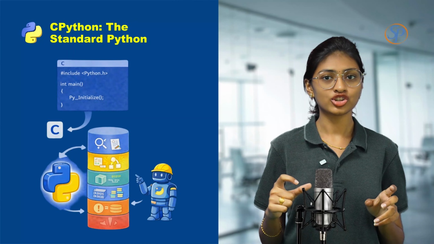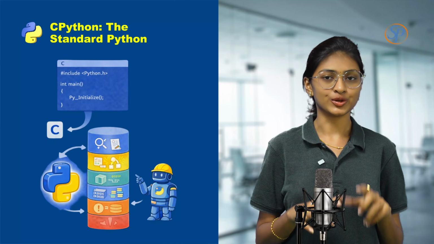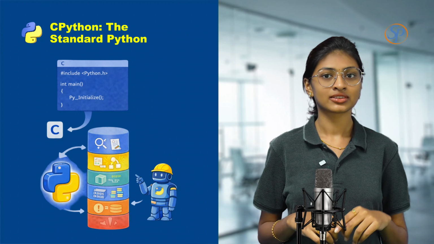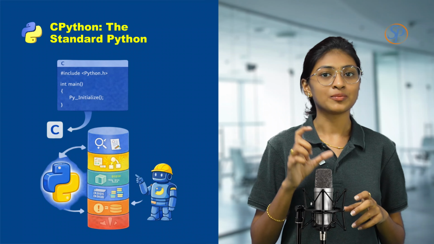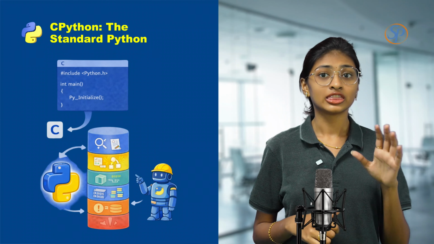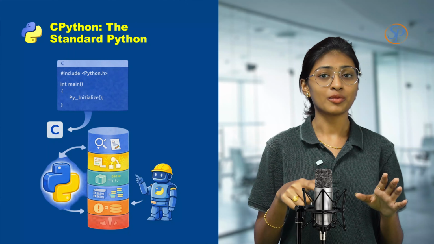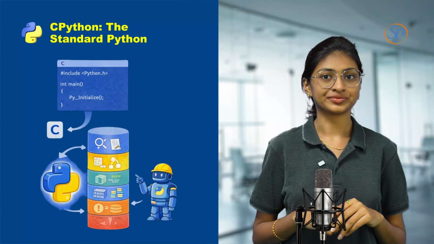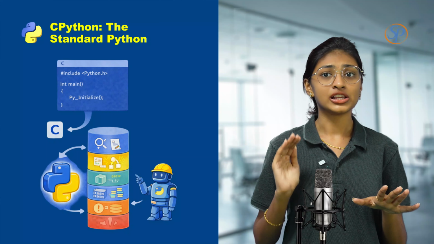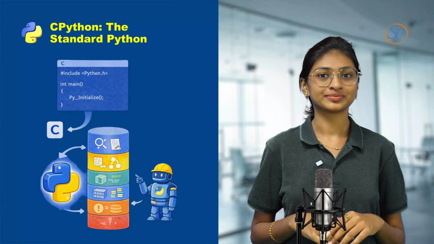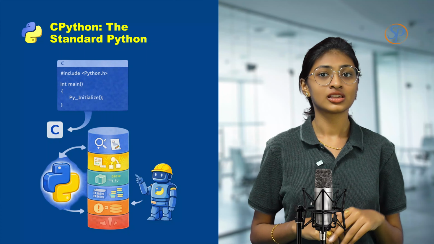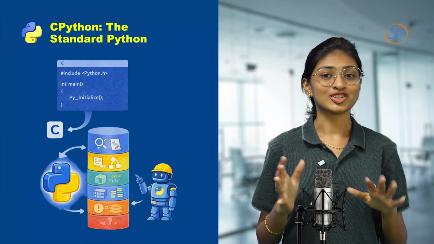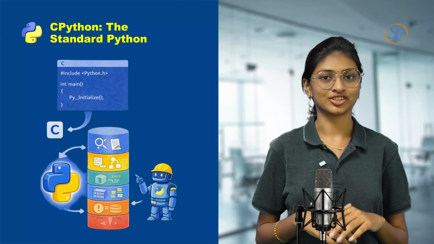CPython, the standard Python. CPython is the version of Python most people use. It is written in C. The reference implementation, the Python you download from python.org, the one that compiles your code to bytecode, the one that runs the PVM, the one that manages memory and garbage collection.